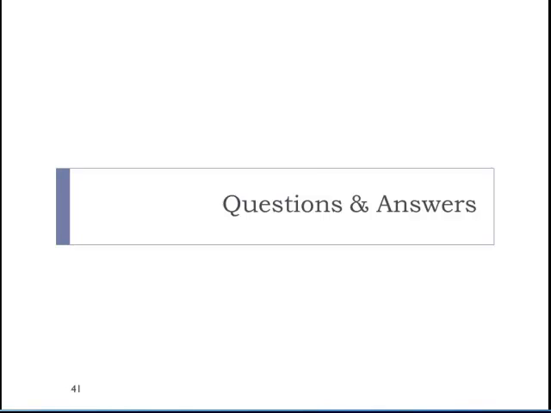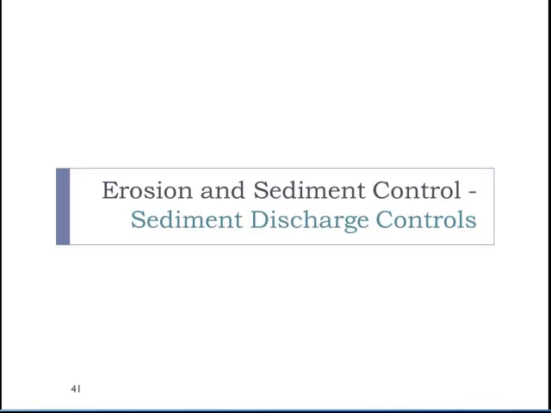Okay. Greg, I think we'll turn it back to you to start talking about sediment discharge controls. Okay, thanks, John. So we're picking up again with erosion and sediment control requirements in the permit, and Eric went over probably the biggest single change from the current permit, the buffer requirements.